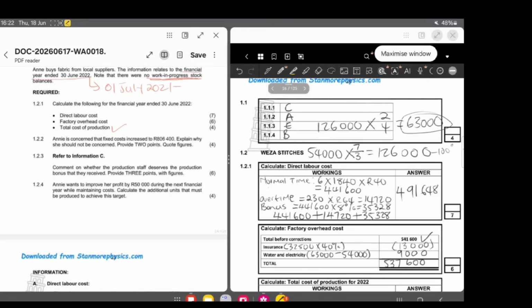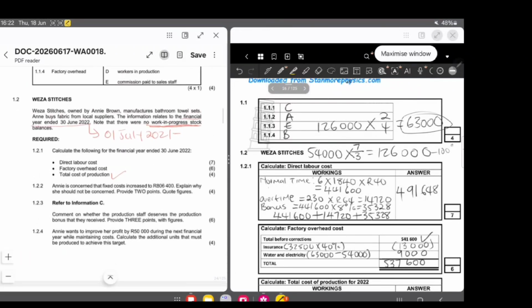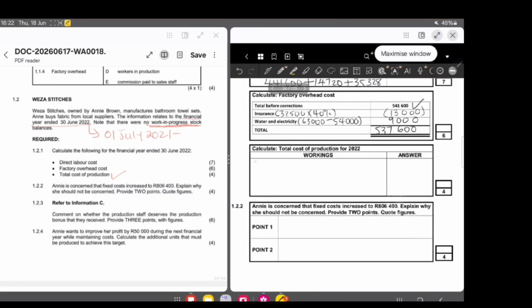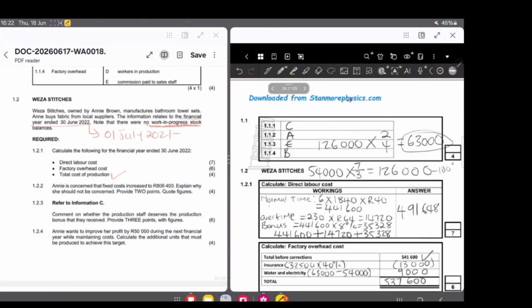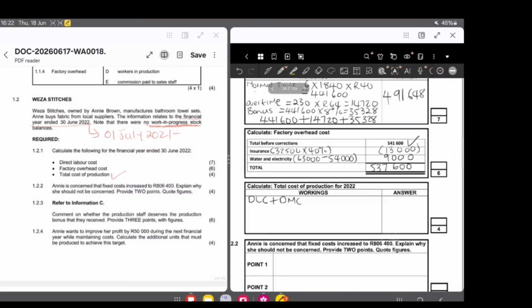So your total cost of production will be your direct labor cost plus your direct material cost, which gives you a prime cost, and then you add factory overhead cost, then it's going to give you the total cost of production, right?